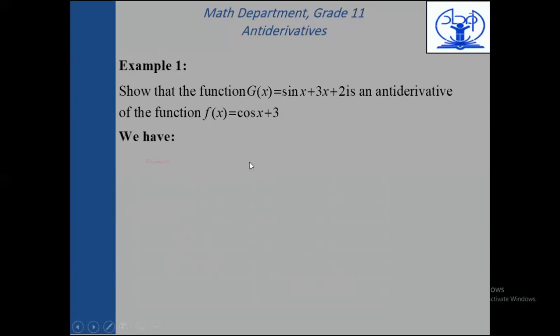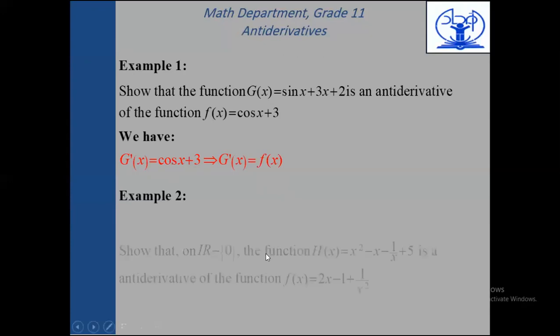So it's enough to derive G prime. Sine x gives cosine x, 3x gives 3, 2 gives 0. Since the derivative of G is cosine x plus 3, which is f of x, then small f of x is the derivative of capital G of x, and conversely, G of x is the primitive or antiderivative of small f of x.